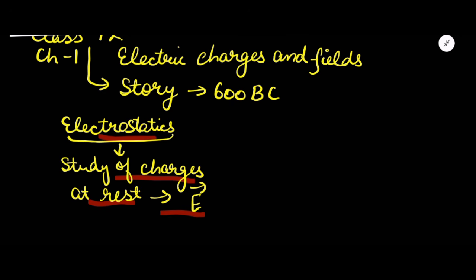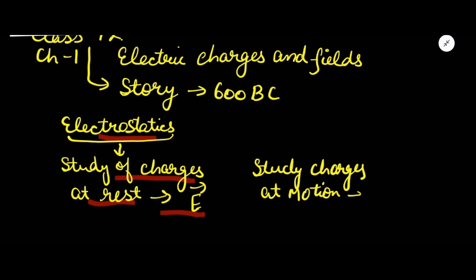Okay, so out of curiosity they started studying what happens if we study charges in motion. It was noticed that they were producing magnetic fields, and this study is named magnetostatics.